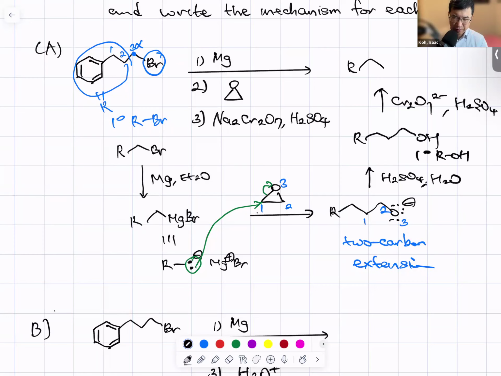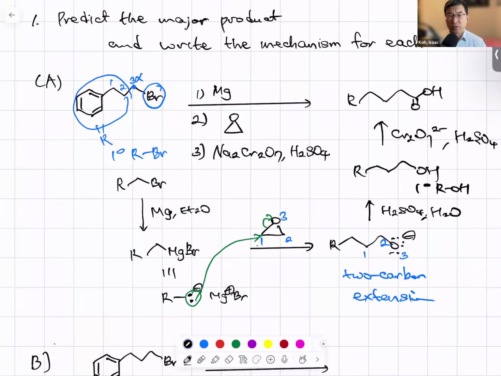So we are extending 2 carbons from the initial carbon skeleton, and the initial alkyl halide is now converted into a carboxylic acid. That's the beauty of using epoxide followed by Grignard reaction.